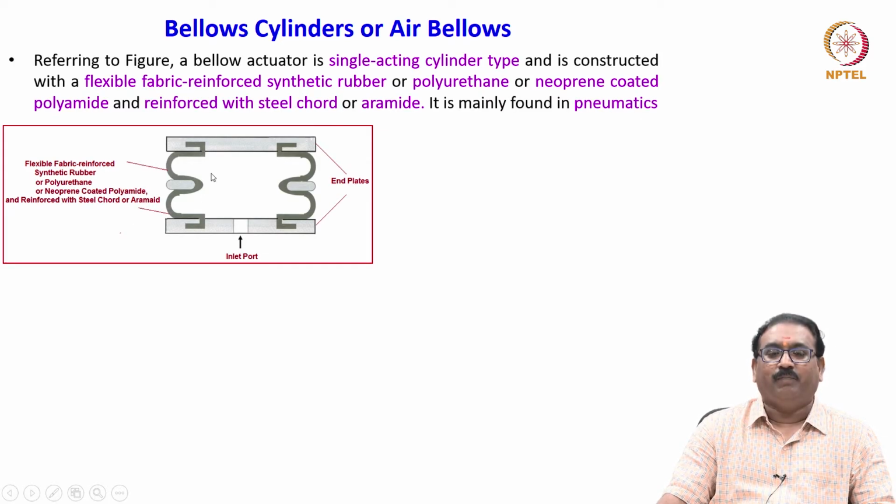Referring to the figure, a bellows actuator is again a single acting cylinder type and is constructed with flexible fabric reinforced synthetic rubber or polyurethane or neoprene coated with polyamide and reinforced with steel cord or aramid. Again, this is also mainly used in pneumatics.